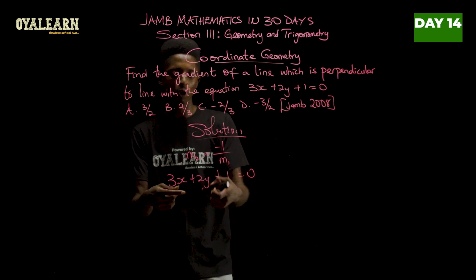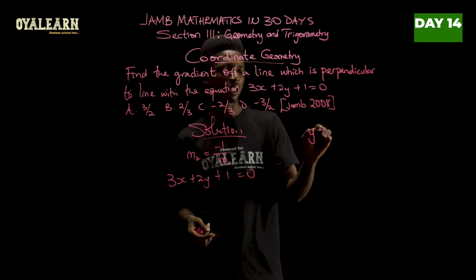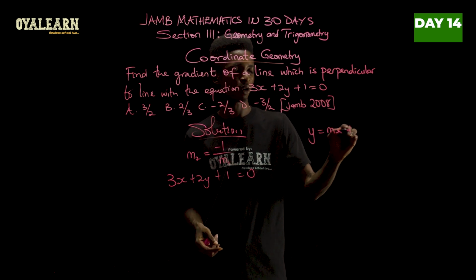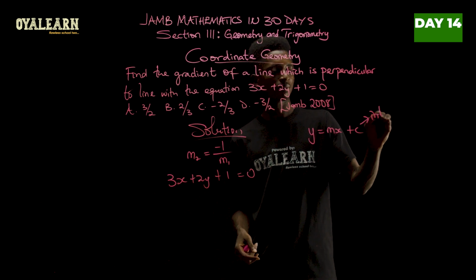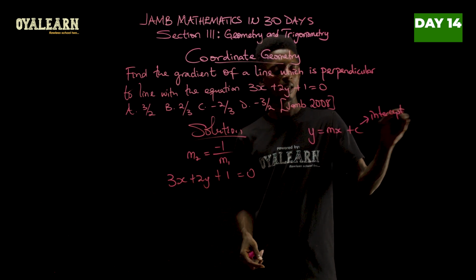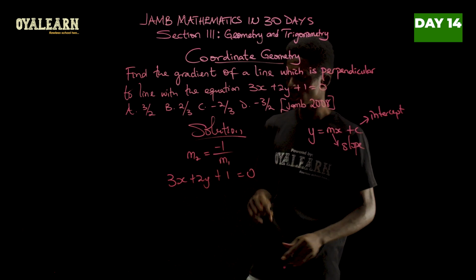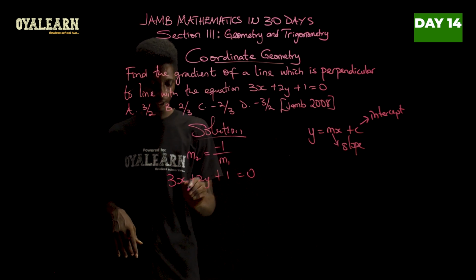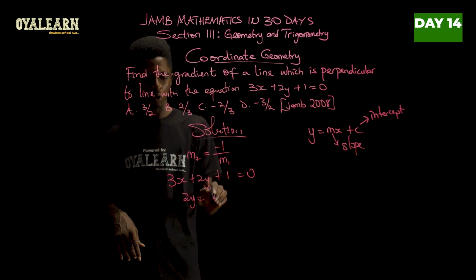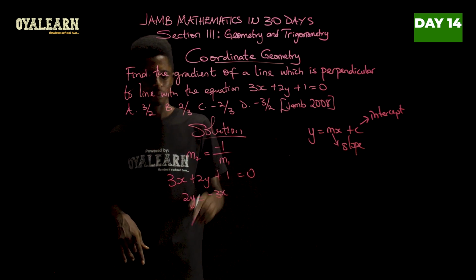Now, we are comparing this with the equation of a line, which is generally written as y = mx + c, where c is the intercept and m is the slope. So, let's rearrange this equation until we arrive at this. From here, 2y equals, now when 3x goes to the other side, it becomes minus 3x.